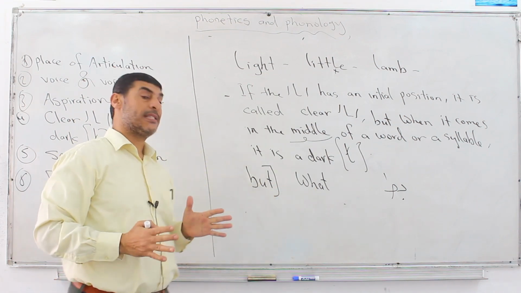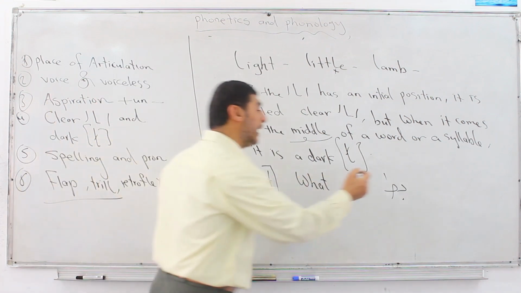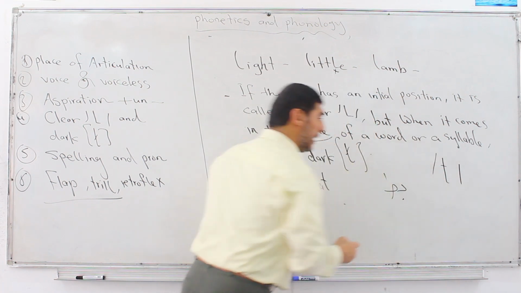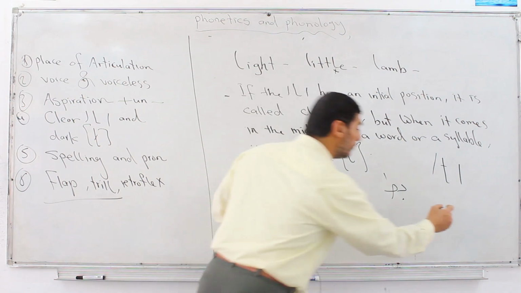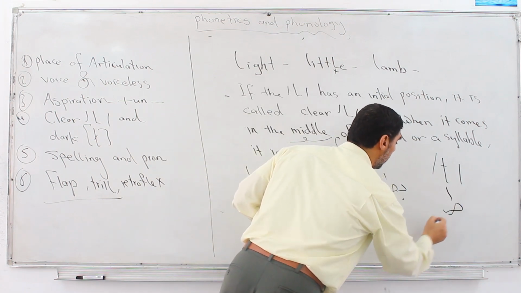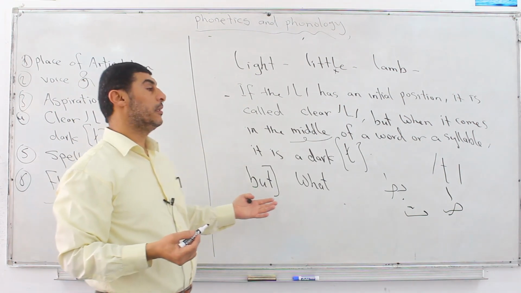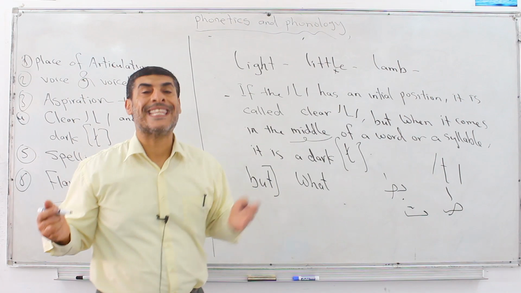So whether it is ta or ta, it has the same phoneme, which is ta. But in Arabic, the situation is different because we have ta sound, and we have ta sound. I say but, I don't say but, I say what, I don't say what.